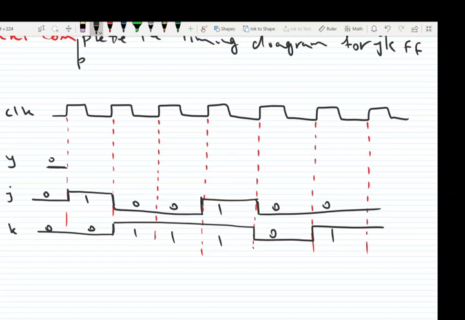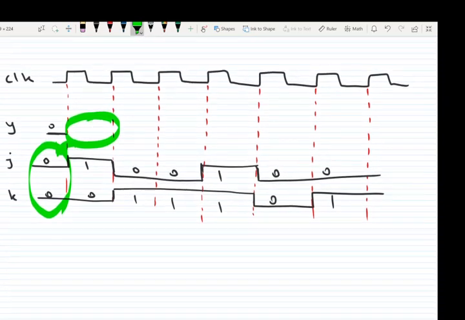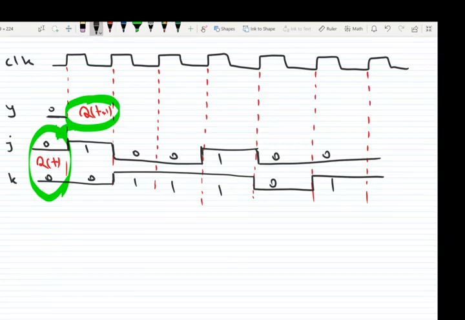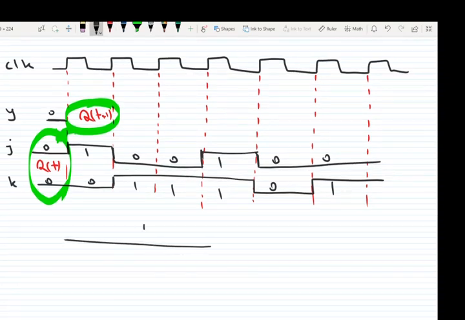Okay, we want to determine the output. We should notice that Q of t plus 1, the next state, is determined by the value of Q of t. And before completing this timing diagram, let's see the characteristic table for the JK flip-flop.